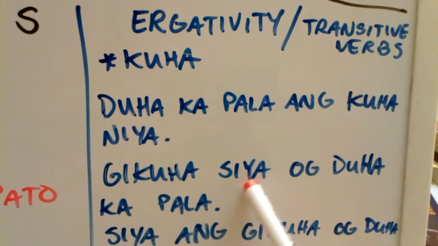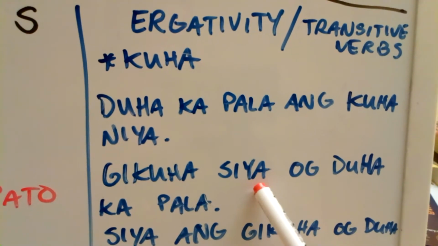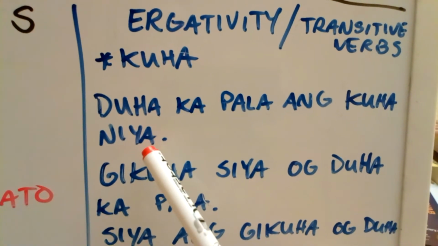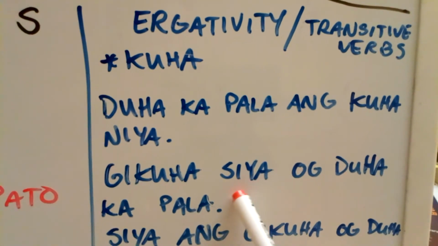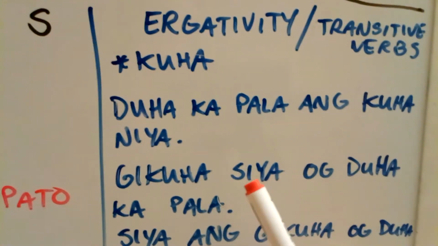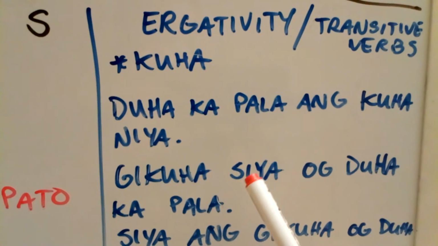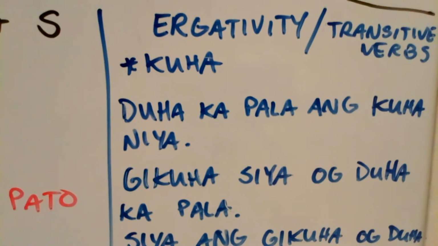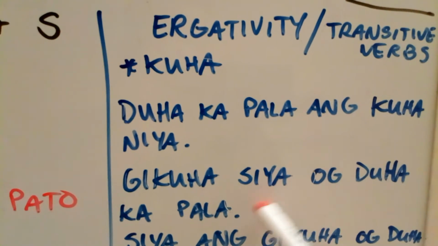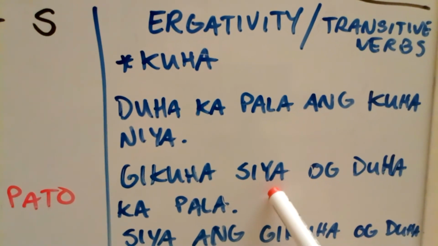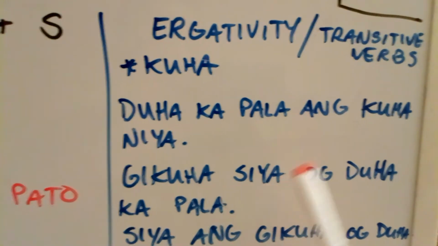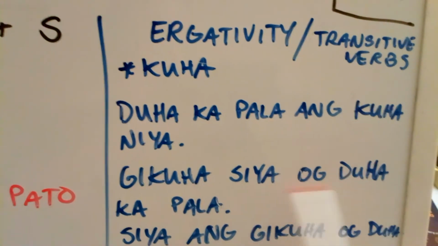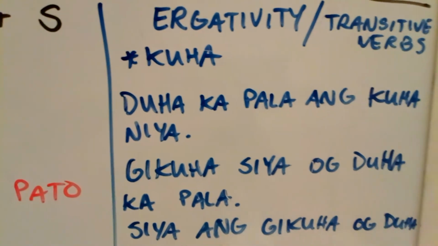Siya is now written in the absolutive case, compared to before where niya was written in the ergative case. And siya, if the listener knows, is written in the absolutive, so we know we're talking about this guy now. He is the main focus. Whereas what was he doing? Okay, he was just taking what? The objects, right? Again, og duha ka pala, the two objects.